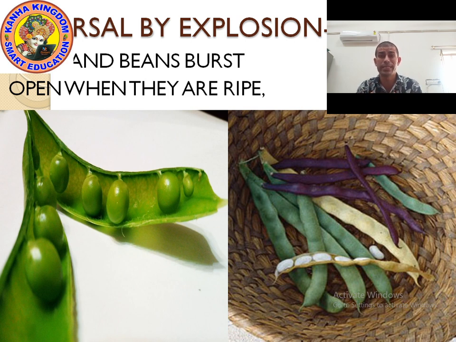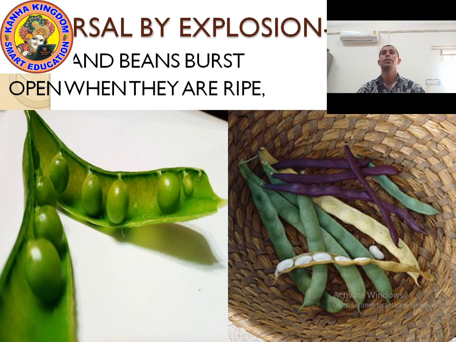Yes, they open suddenly, and the seeds present in the pea or beans come out and spread. When they fall in the soil, then they start to grow. When they get air, water, and good warmth, then they start to develop.